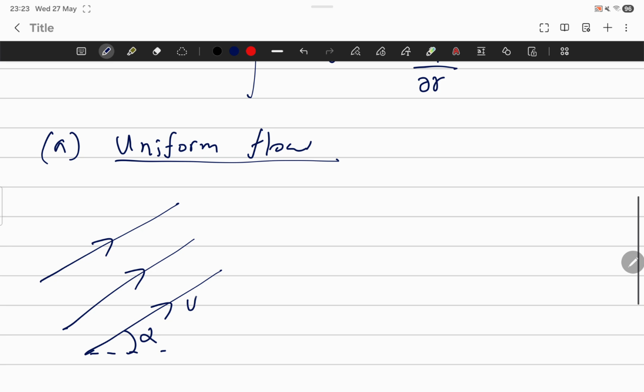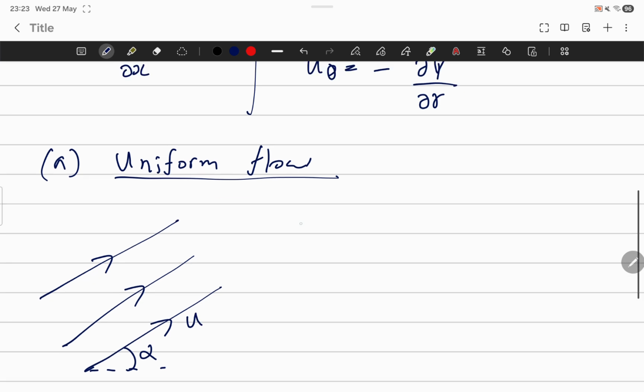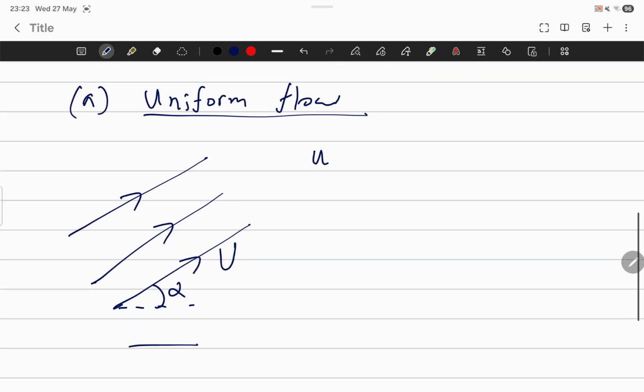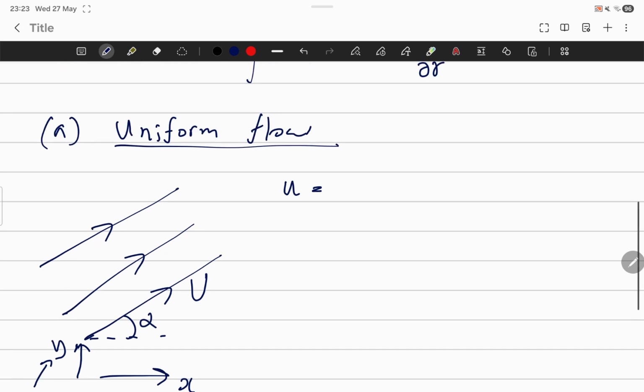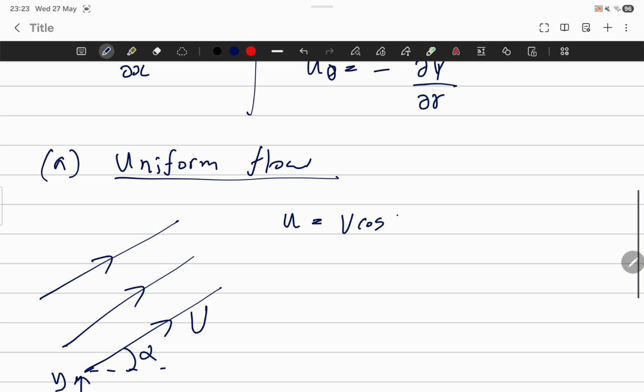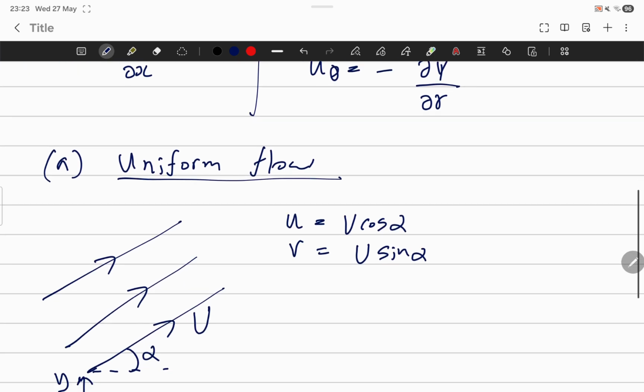So let's say this velocity is capital U. So this direction is x, this direction is y. So this component velocity is u, this component velocity is v, right? So u equals U cos alpha, right? And v equals U sin alpha, right? This is simple, right?